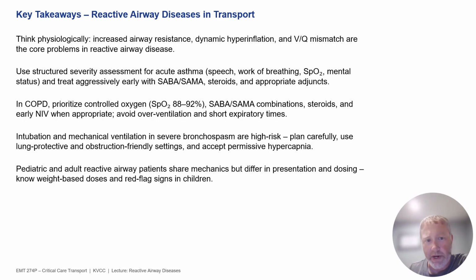So low rate, long expiratory time, permissive hypercapnia, and constant monitoring for any kind of auto-PEEP and pneumothorax. And then finally, anaphylaxis, inhalation injury, and pediatric bronchiolitis all need modified approaches that you rehearse mentally so that you're prepared.